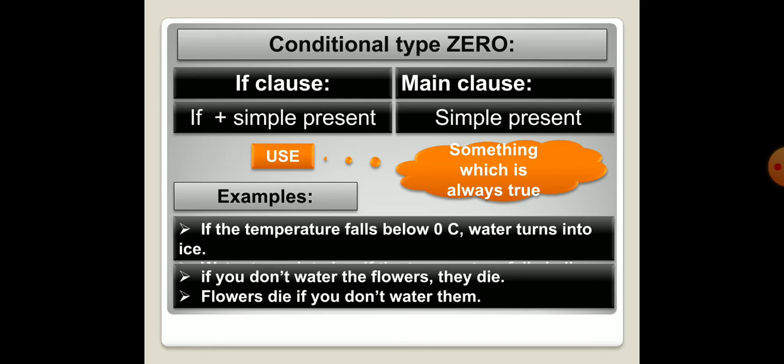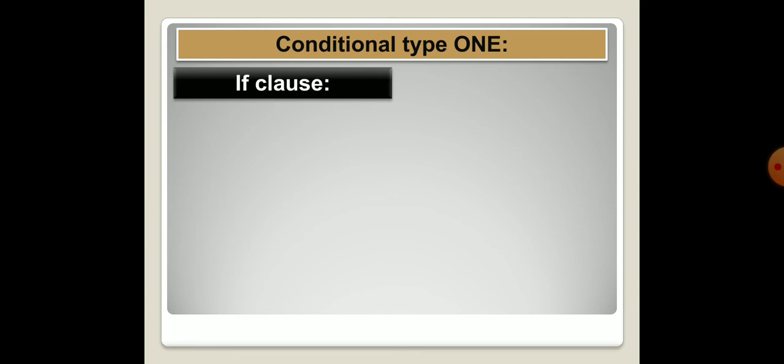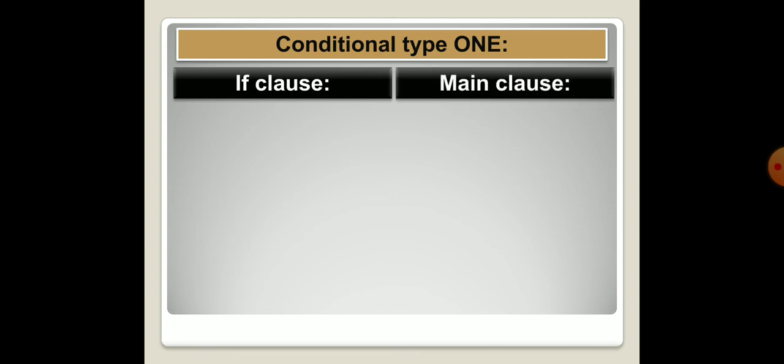Now let's move on and discover the second one, conditional type 1. Of course, all conditionals consist of the if clause and the main clause. It's the same structure: if clause, main clause, or we can start again with the main clause, then the if clause.